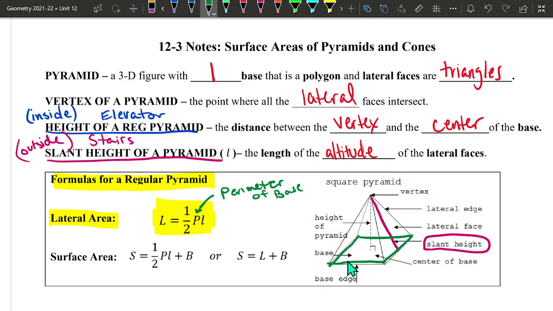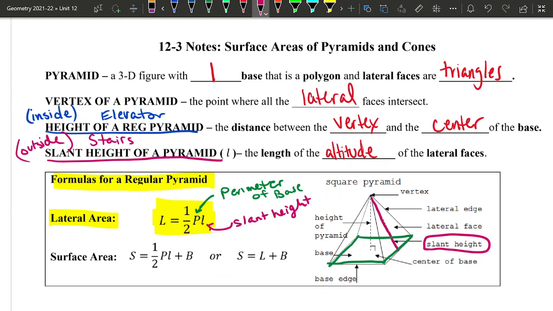If it was a triangle, the perimeter of the base would be the length of the side times 3. Well, for a regular pyramid. And then l is the slant height, on the outside of the pyramid.